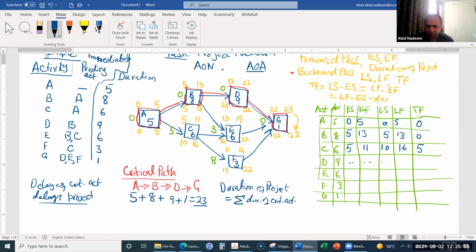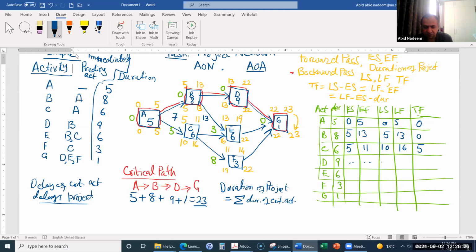On the other hand, if there is a delay in a non-critical activity, and that delay is within their total float, it will not delay the project. So for example, if I take activity C, and instead of starting at 5, it starts at 7. So I will write 7 over here, and then 7 plus 6, it will be 13. The new time will be 13.